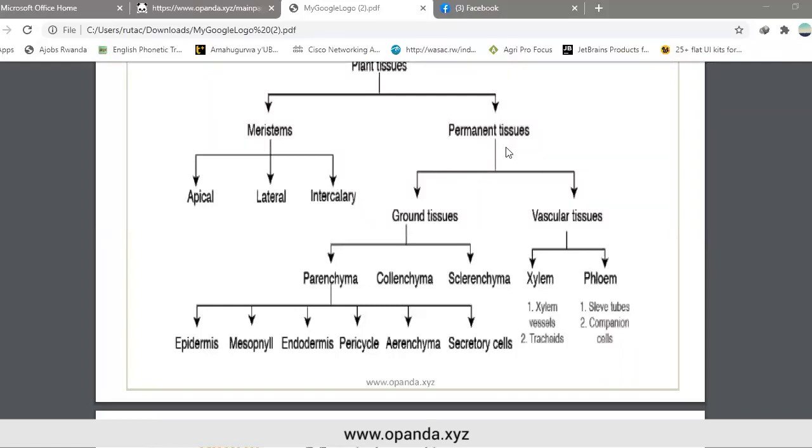We are now in permanent tissues. We are in ground tissues and vascular tissues. On the vascular tissues, we have phloem and xylem. For ground tissues, we have parenchyma, collenchyma, and sclerenchyma. Remember, we described parenchyma and sclerenchyma, their location and their roles.